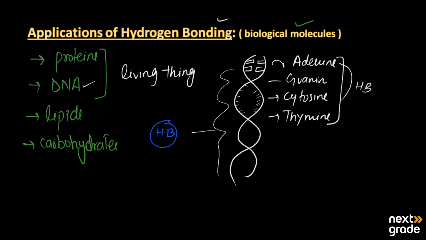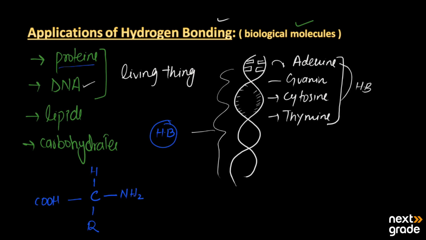On the other hand, when we talk about proteins, basically proteins are compounds in which the central atom is carbon. It has two functional groups, NH2 and the carboxylic group, along with one hydrogen and an alkyl group.